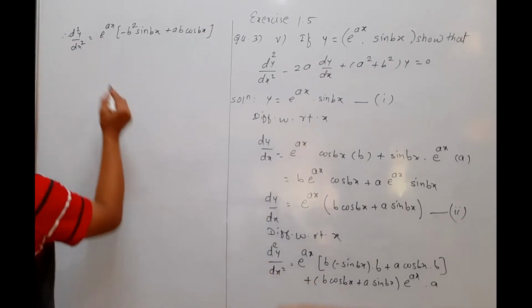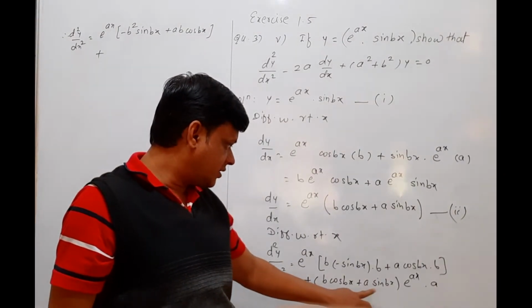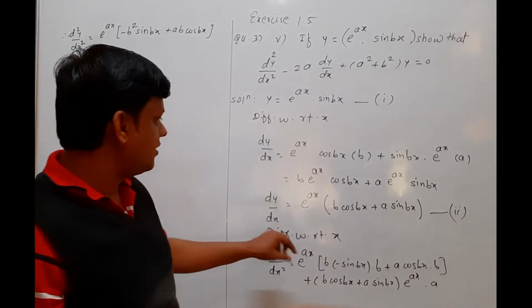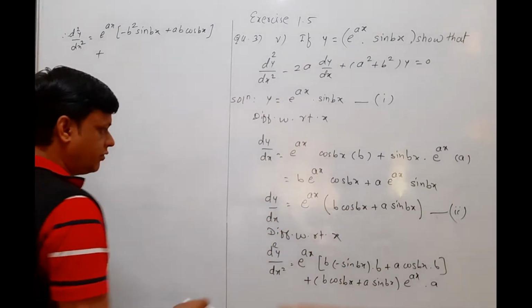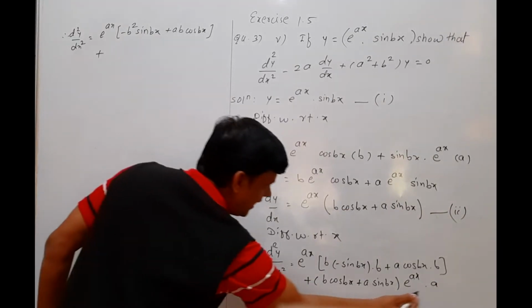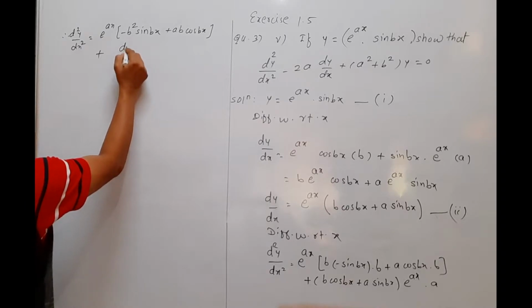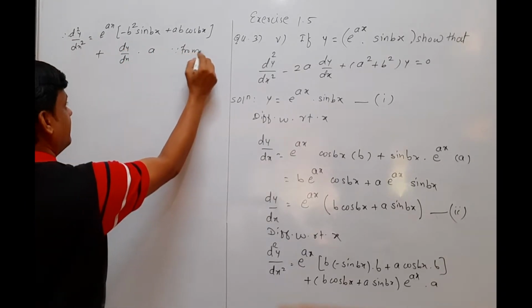Then we replace the value of b cos bx plus a sin bx into e raised to the power ax from equation number second as dy by dx. So we write this as dy by dx into a from second.